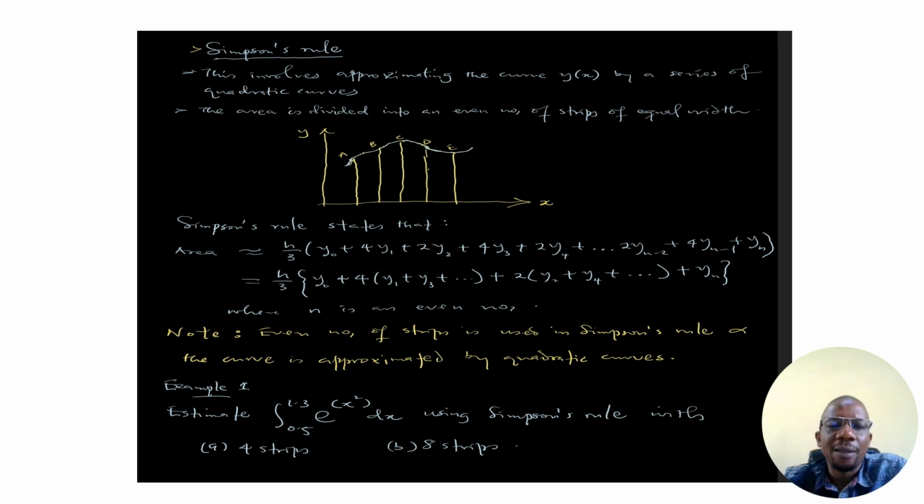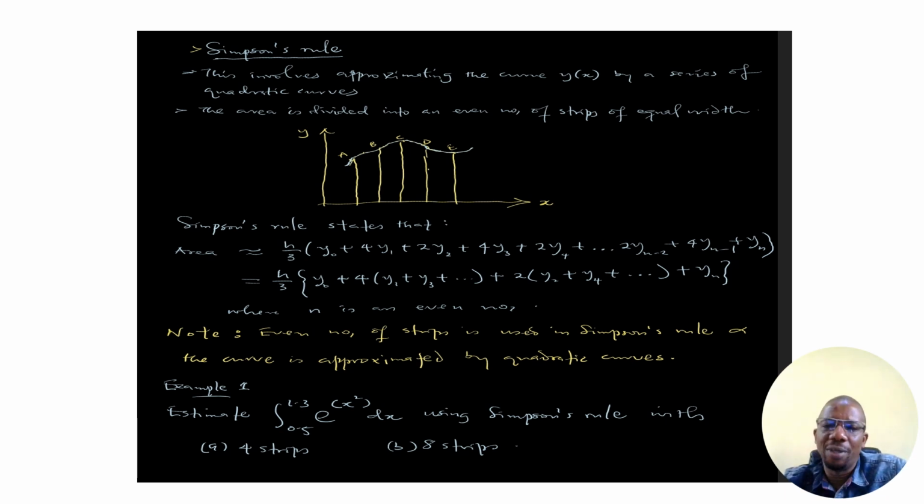You can see that instead of dividing h by 2, because it's a curve, we divide h by 3. That's why we have this as the general formula for using Simpson's rule to solve integration problems. You can see for the odd entries, y1, y3, y5, we multiply by 4.